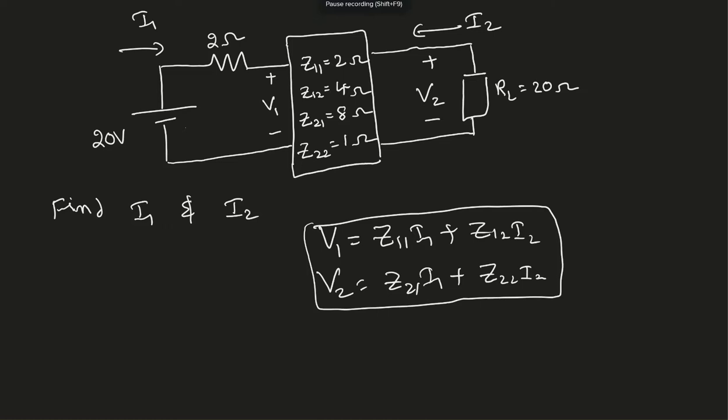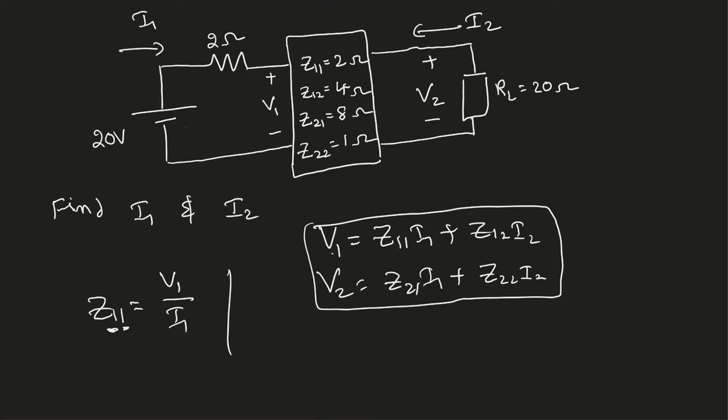For example, if you want to find Z11, it is V1 over I1, where I2 equal to 0. If I make I2 equal to 0, I will find Z11 is V1 over I1. So that's how you can remember.